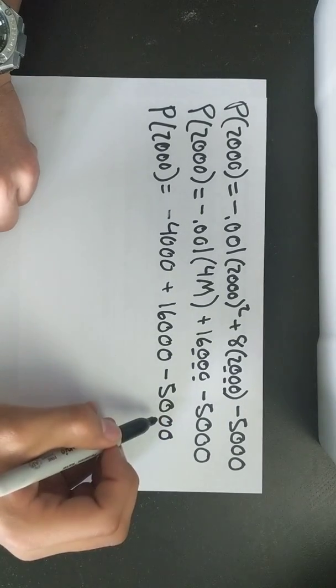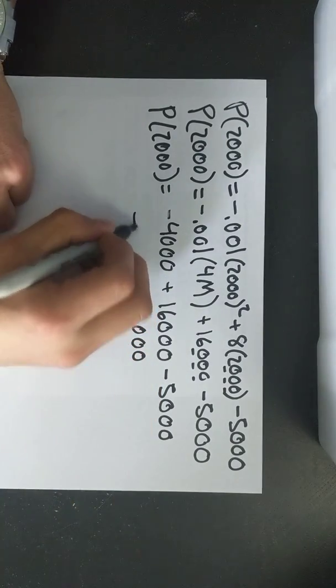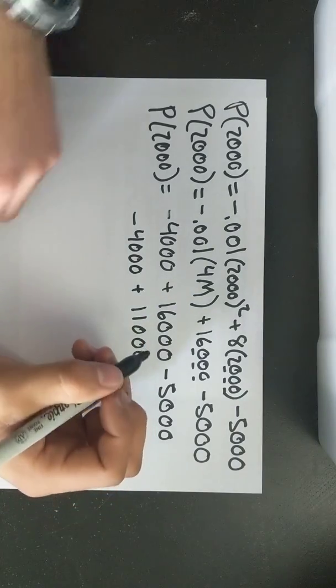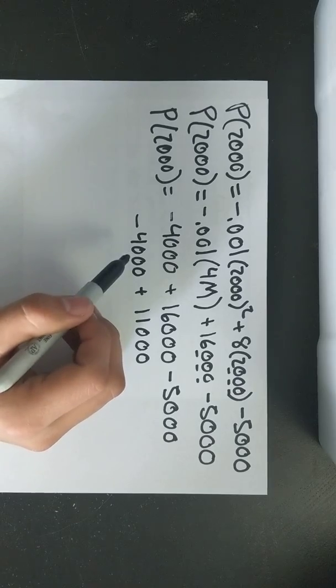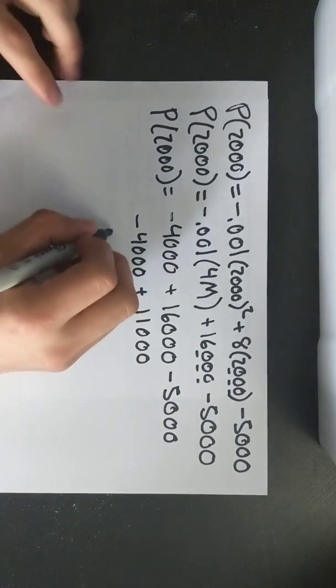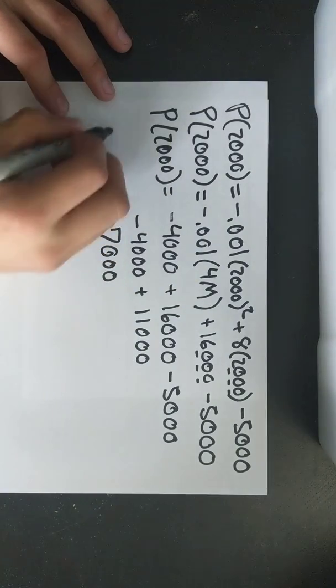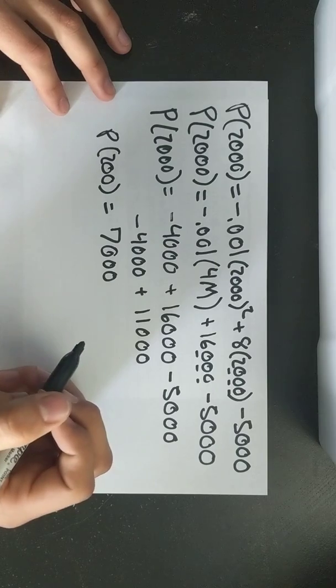So 16,000 minus 5,000 is 11,000. Minus 4,000, right? So 11 minus 4, it's 7. So we're going to have 7,000. So P of 2,000 equals $7,000.